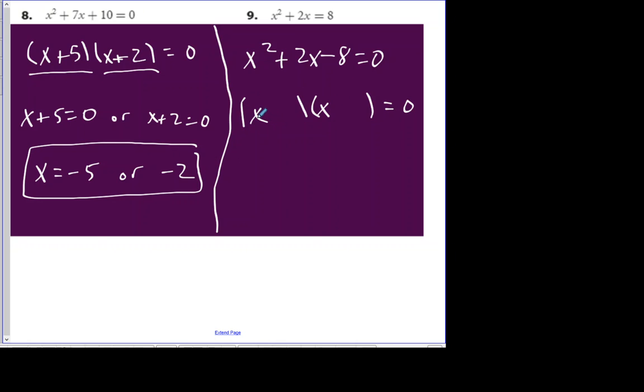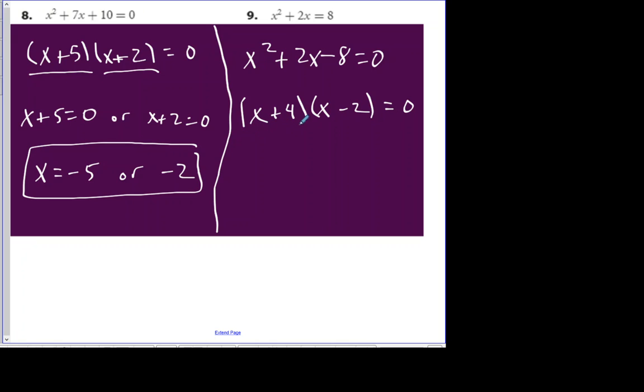Anybody? Positive 4 and negative 2. Yeah, positive 4 and negative 2. Good. If you do plus 4 and then minus 2, then your sum is going to be plus 4 and minus 2. That'll go together to give you the plus 2x.